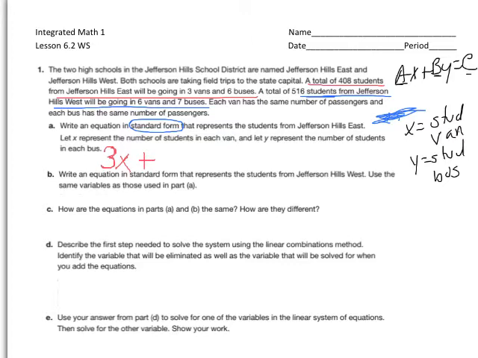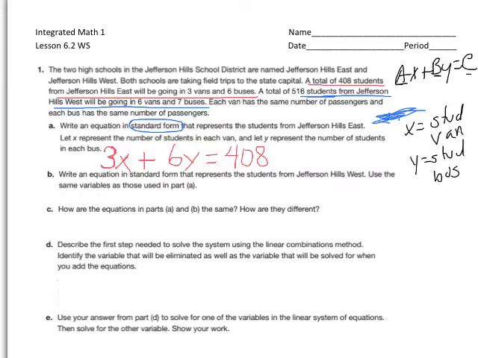And we add up all the students that can fit in a bus, and there are 6 buses. Then you're multiplying how many people can fit in each bus times 6, and add them all up, and there are a total of 408 students. Okay, so that's the idea here.